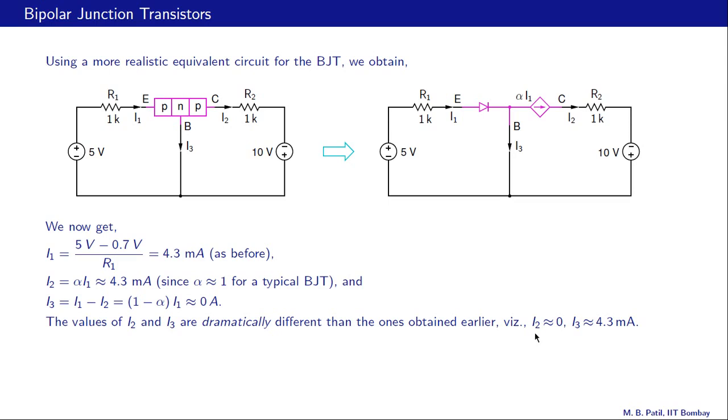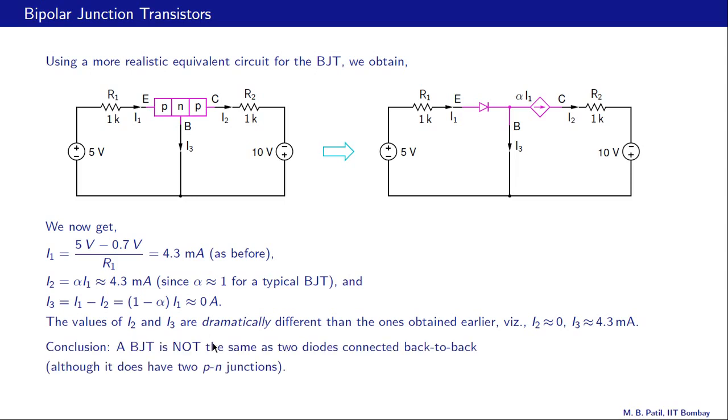That was I2 equal to 0 and I3 equal to 4.3 milliamp. Compare that I2 with this I2 and that I3 with this I3. They are very, very different. And in the conclusion, therefore, we can say that BJT is not the same as two diodes connected back to back, although it does have two PN junctions.